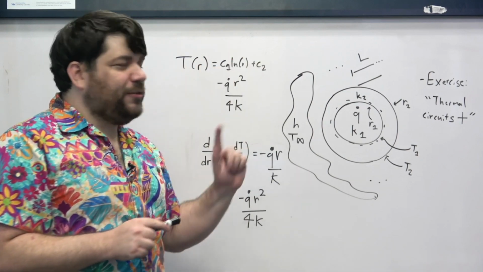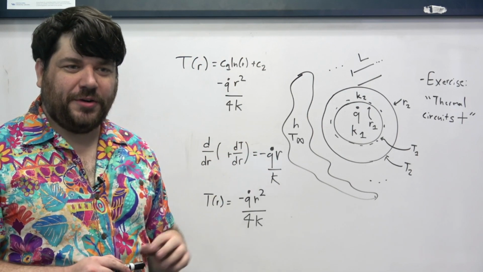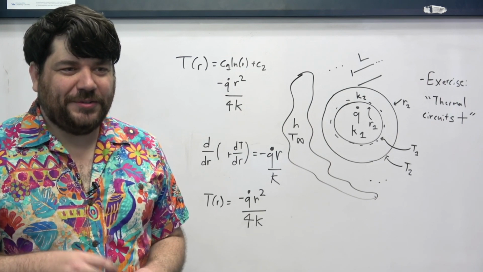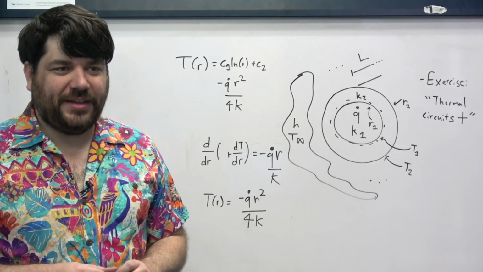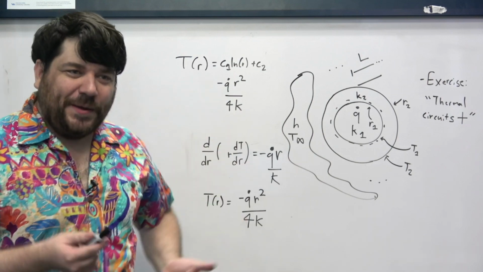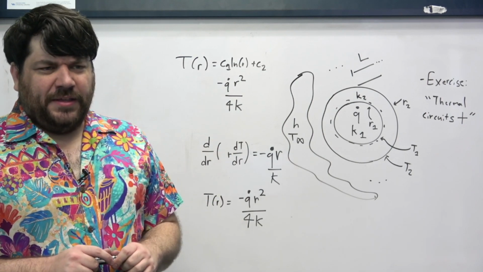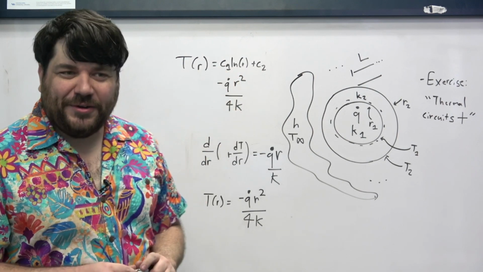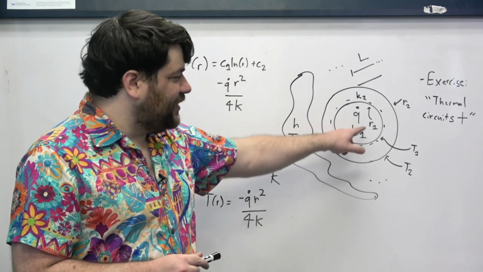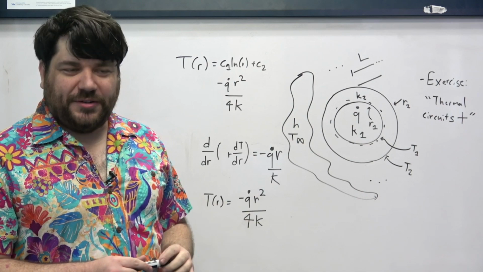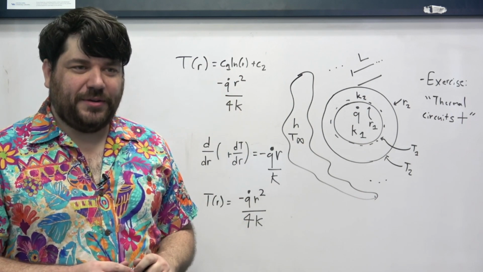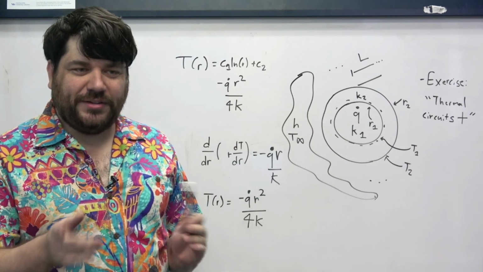So this is the general expression for what the temperature profile looks like inside of a rod that has uniform thermal energy generation inside of it. And now notice that the k shows up. Is this it? Well, remember the logarithmic term. If we try to evaluate this thing at r equals 0, the temperature explodes. And the way that we got around that was by saying that C1 had to be equal to 0. And there's no difference here.